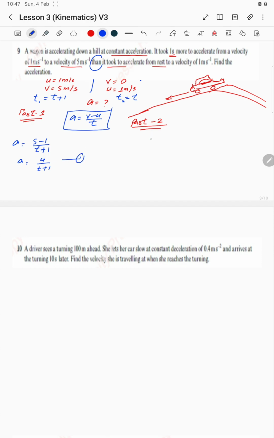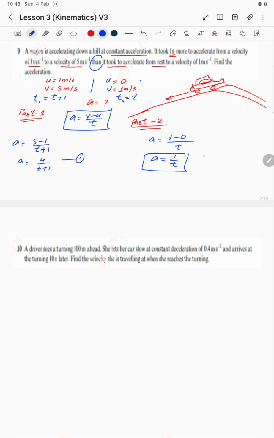Let's go with part 2. a is equal to (v minus u) by t. Here initial is 0 and 1 is v. So 1 minus 0 by t, t will remain t. So a is equal to 1 over t.